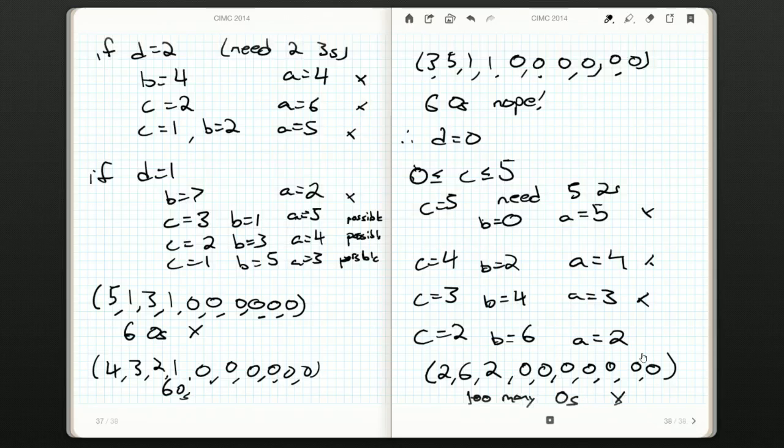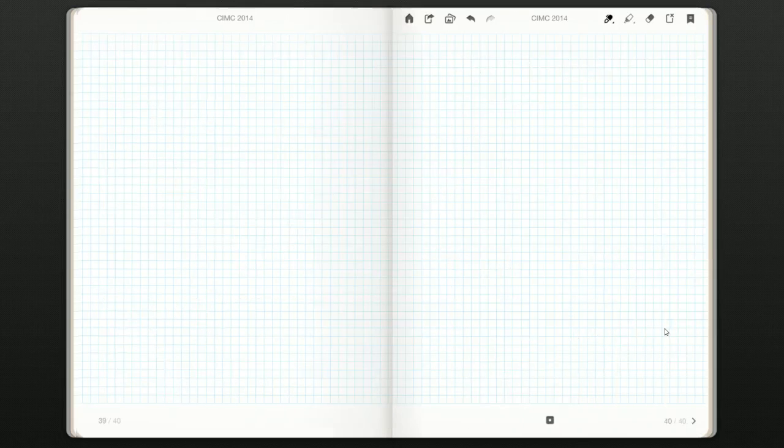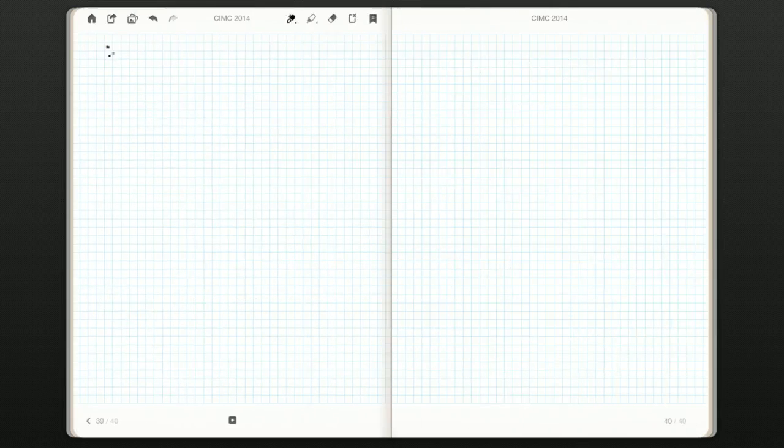How about C equals 1? So we need exactly one of these to be 2. So B would have to be 8, because B plus 2C is going to have to be equal to 10. Let's not lose sight of where these numbers are coming from. And A has to be 1 because the sum of the numbers has to be 10. So that's not going to work. There are no 2s.